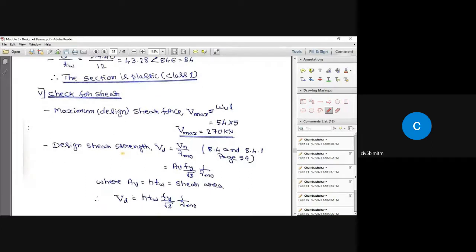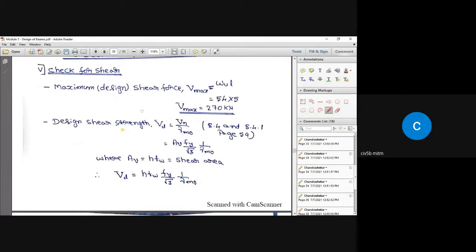Once that is done, we go ahead and check for shear first before we check for bending. So what is the check for shear? This is the shear force, that is WU by L, because we don't have two supports to divide the load into two equal parts. Instead, there is only one support for the cantilever beam.